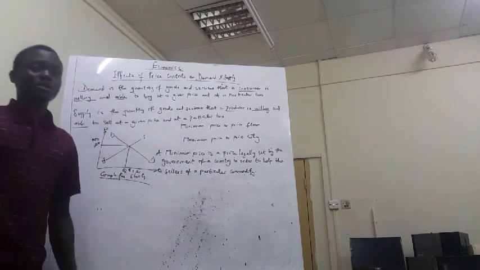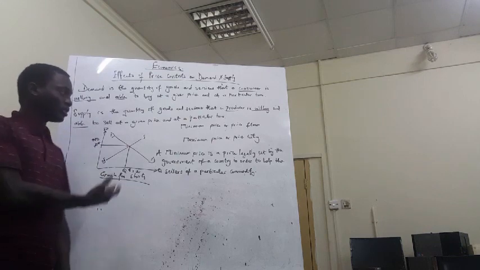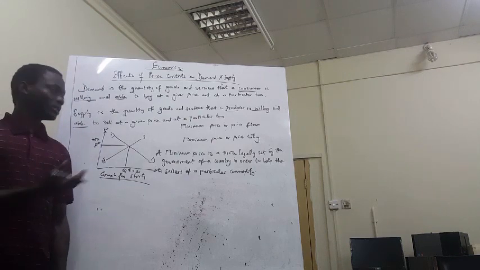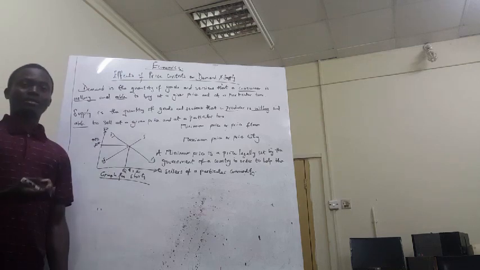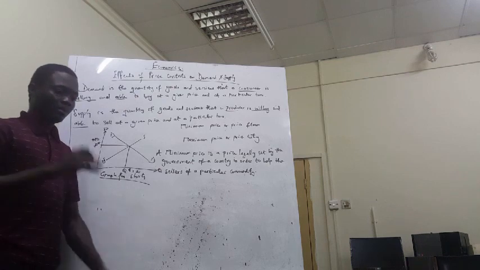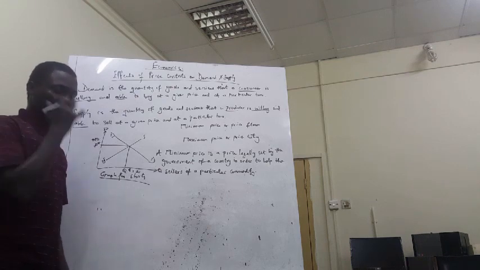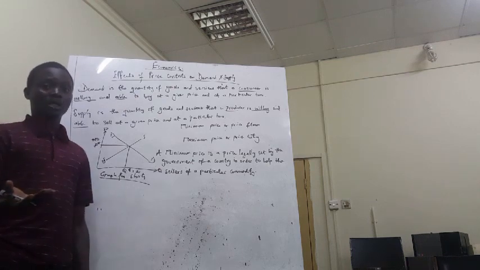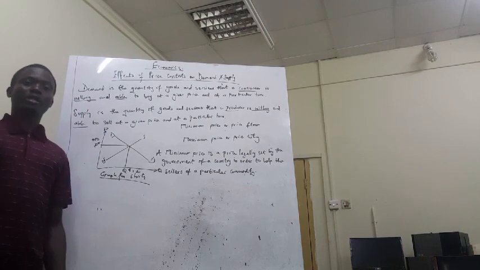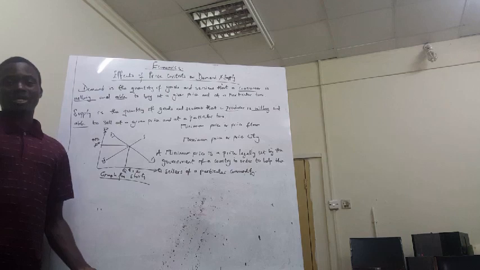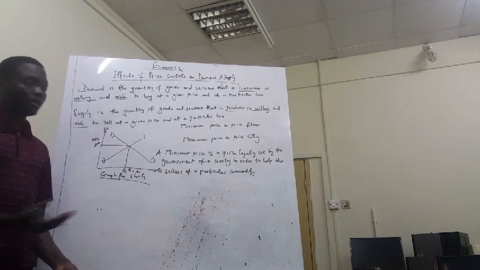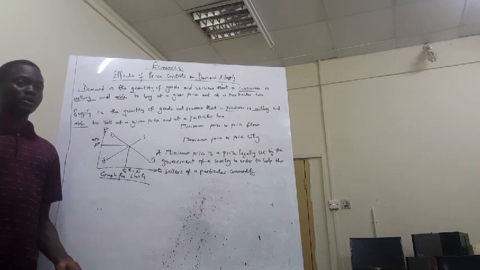Okay, so minimum is just the least price. So what this is trying to say is that government fixes a price where buyers cannot buy below. Do you understand what I'm saying? Let's give an example. Let's talk about the farmers. The farmers put in long years of their agricultural activities, and then after a year or so, they bring some of their commodities into the market.